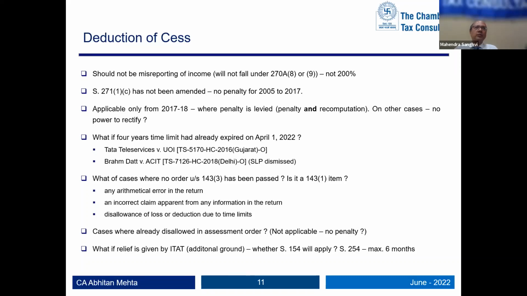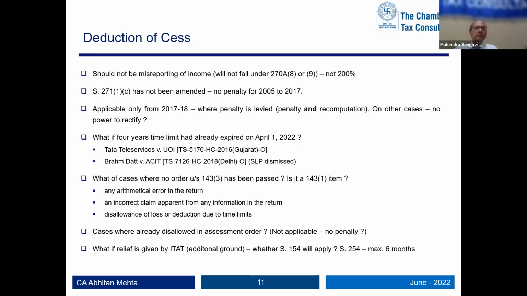Arithmetical error. This is not an arithmetical error. Incorrect claim apparent from information in the return. In the return, this is just a 37(1) claim, part of the overall expense being claimed. There is no separate apparent information in your return. So that will not apply. Third is disallowance of loss or deduction due to time limits. Again, that will not apply.